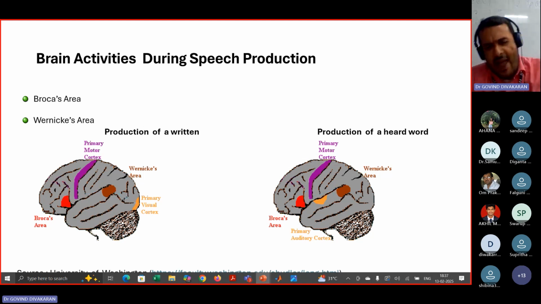Anything that happens in these areas will have some impact on your speech production, and various other activities will also be lost. For example, when somebody gets a stroke in the right part of the brain, the left part of the body will be paralyzed, and the movement of the left part will be affected, and vice versa. If the left part of the brain is affected, the right part is affected; sometimes both parts are affected.